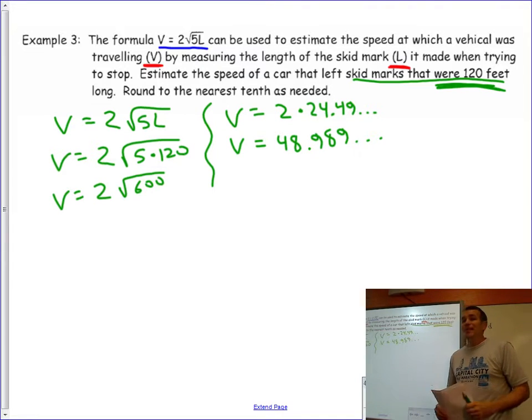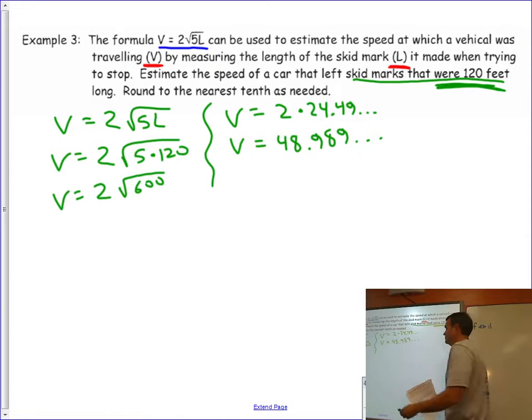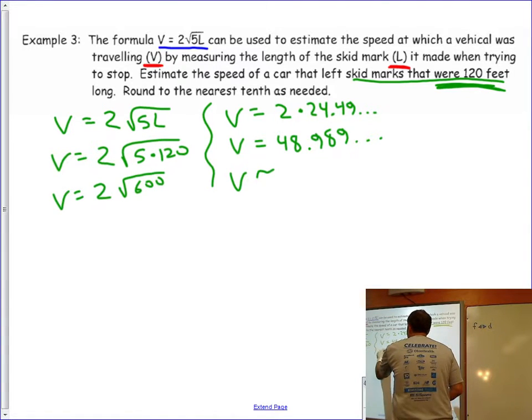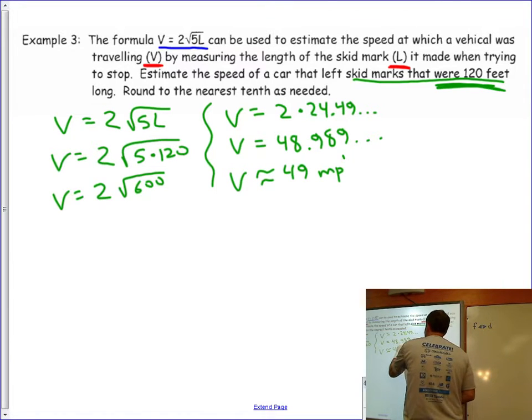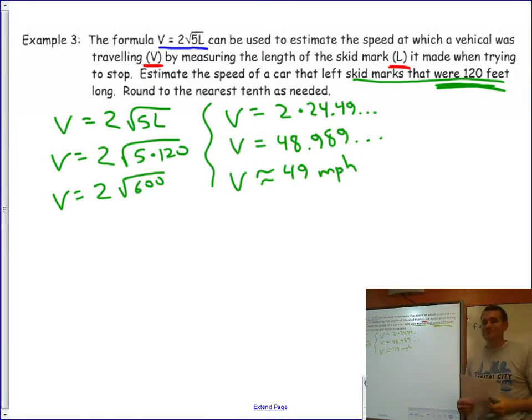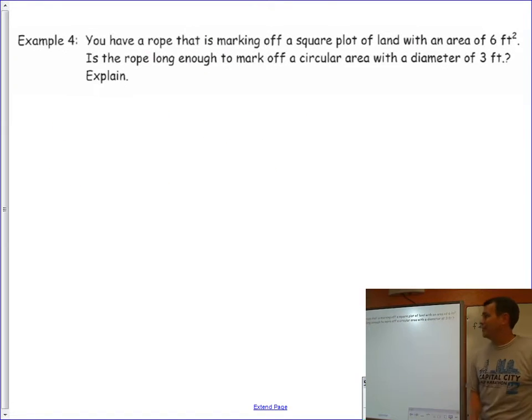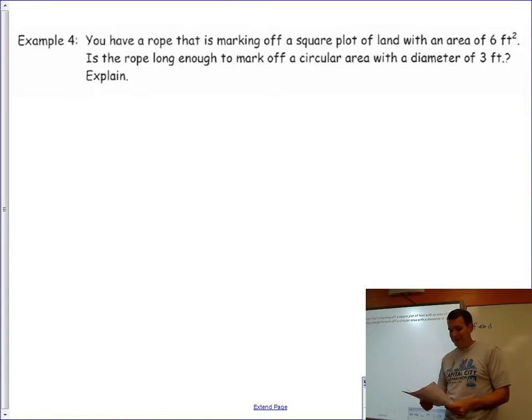Again, I just left the entire number on my calculator and multiplied it times 2. And so the velocity turns out to be about 49 miles per hour. The car was traveling about 49 miles per hour if it left skid marks that were 120 feet long.